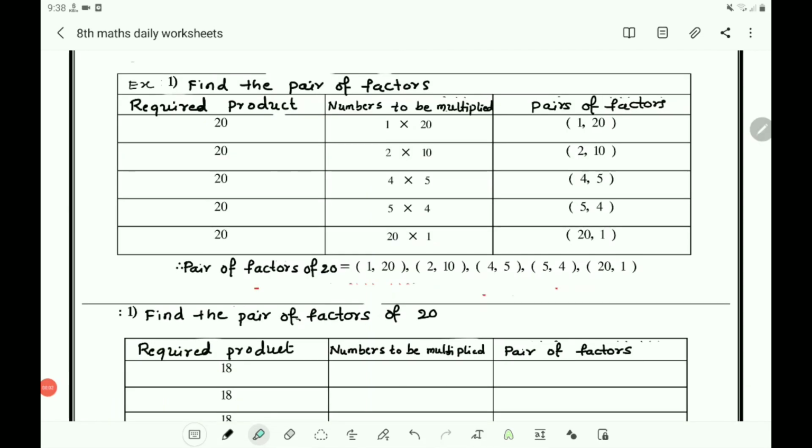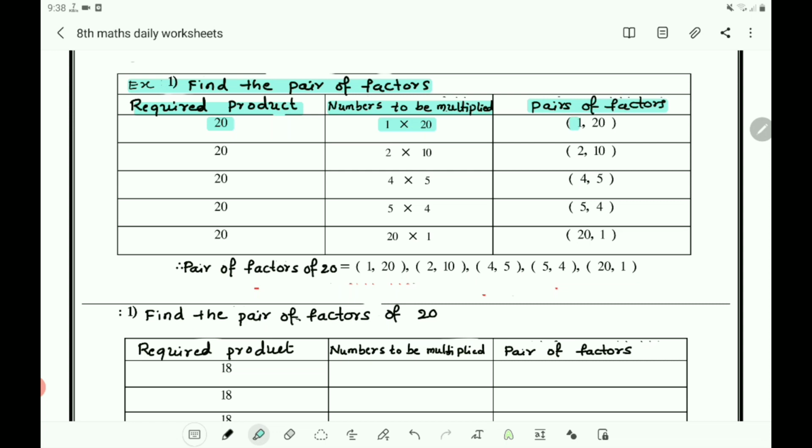Let us take some more types of examples. Here you observe the example. Find the pair of factors. The required product is 20 and the numbers to be multiplied. So the pair of factors: 1 into 20 is 20.